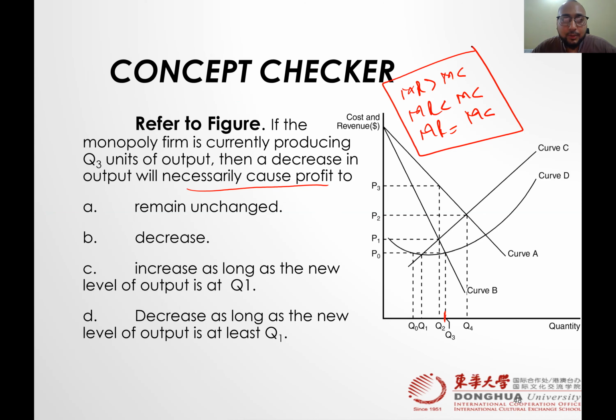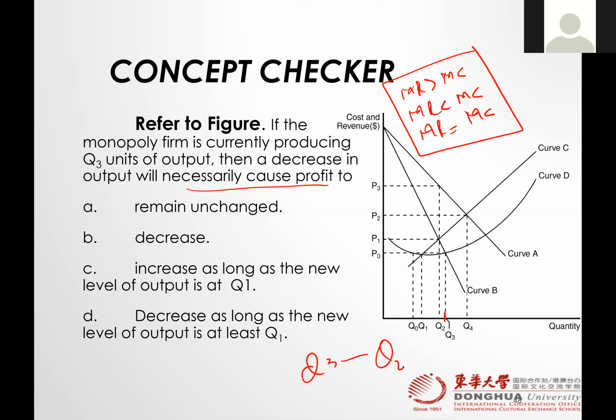So what you are trying to do, you are going from Q3 to Q2. What will happen? Profit will decrease. Okay, you say B. Any other? But you said now that if we moved from Q3 to Q2, but two of the answers include Q1, like as long as the new level of output is at Q1.